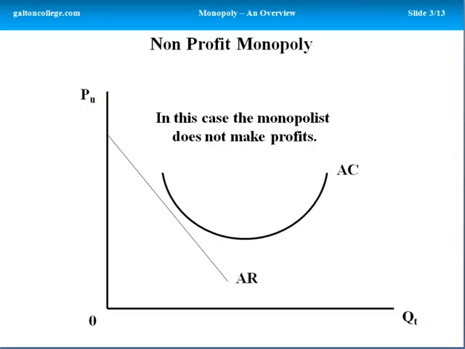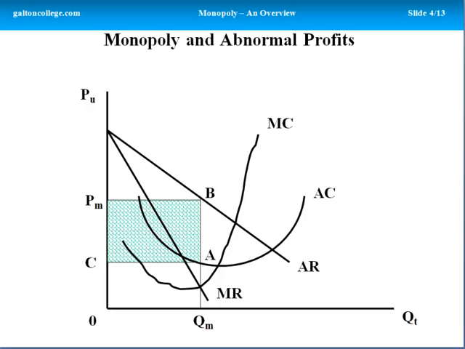Let's look at the more usual case. Here's one where average revenue is greater than average cost. In here we have marginal revenue, which has twice the gradient, sloping downwards twice as fast as the average revenue.